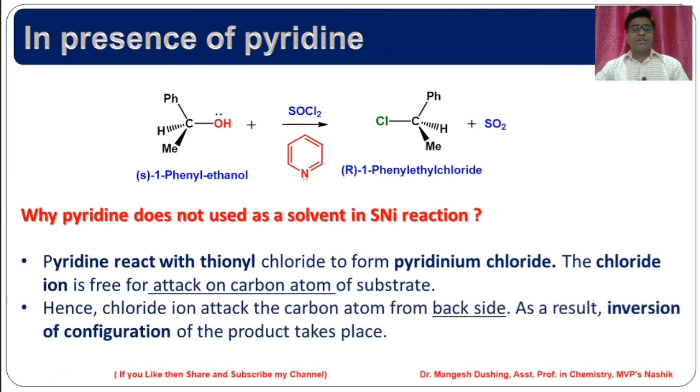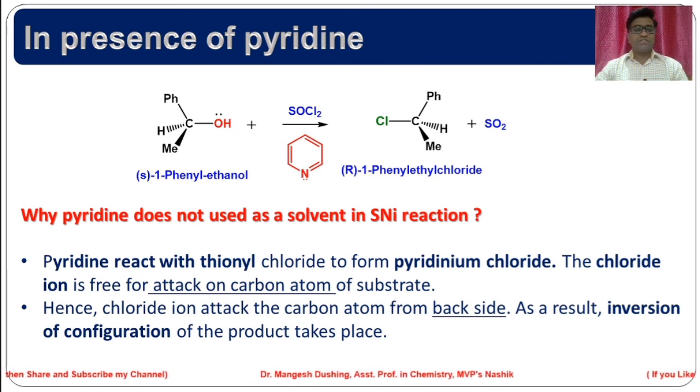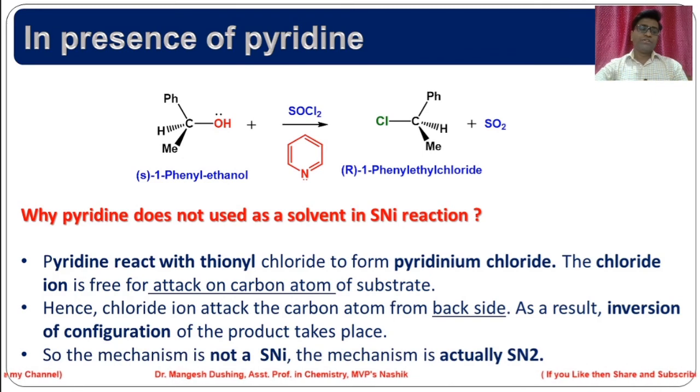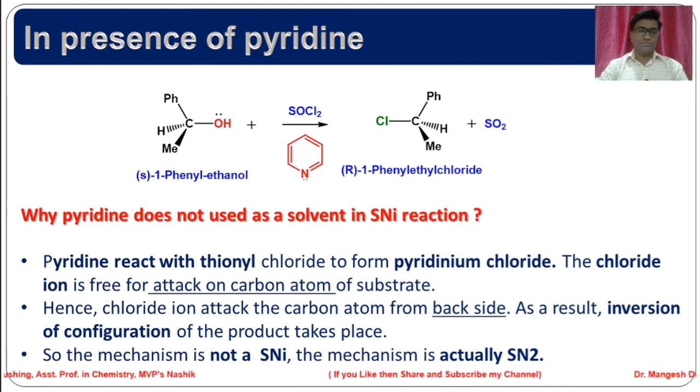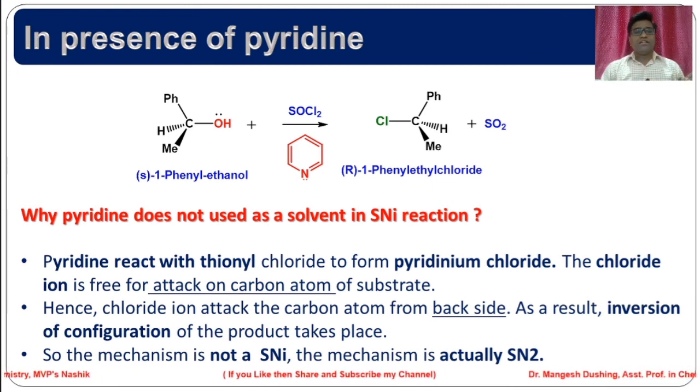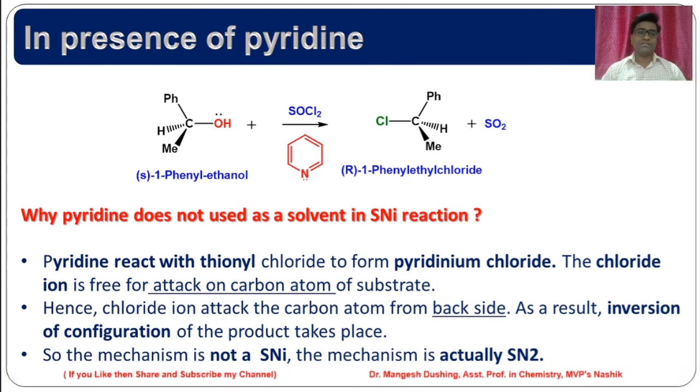So the chloride ion attacks the carbon atom from the backside. As a result, inversion of configuration of the product takes place. So it's like an SN2 mechanism. The mechanism does not go via SNi, but actually follows the SN2 mechanism. So in the presence of pyridine, we get inversion of the product, that is, the mechanism goes according to SN2.